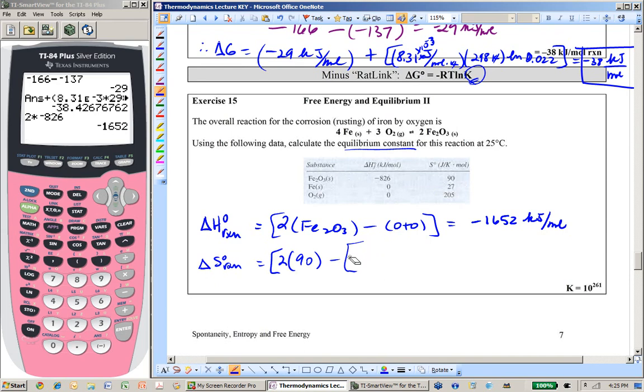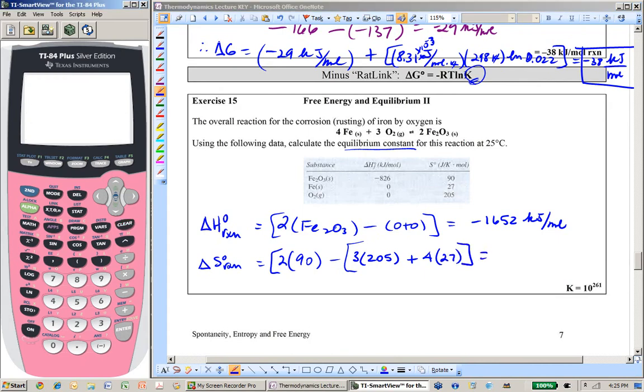Let me do it this way. What's oxygen's value for S? 205 plus 4 times iron's value, which is 27. So that's 2 times 90, minus, paren, 3 times 205 plus 4 times 27.